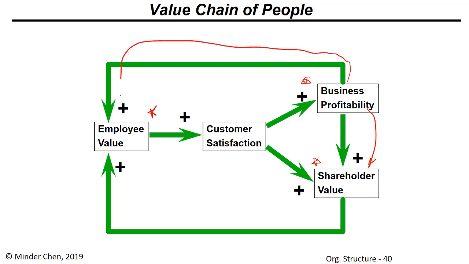If you share that profit with your employees, they will be rewarded accordingly. And when they're working in a very rewarding culture and environment, when you have happy employees, you will have happy customers. So this becomes a very positive feedback loop.